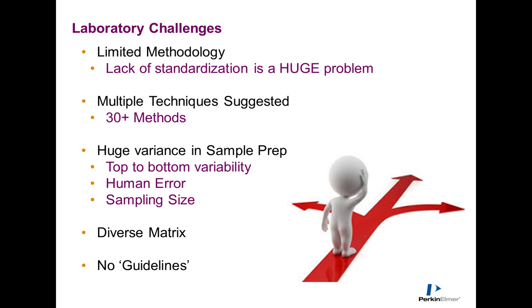Labs struggle to find the right one or two. And also, as a biological sample, the variance in the sample itself is significant. So depending on where the sample is selected from the plant, from the top, middle, or bottom, you'll see a variation in the cannabinoid concentration. You'll also see final products having variability depending on how they were mixed or made.